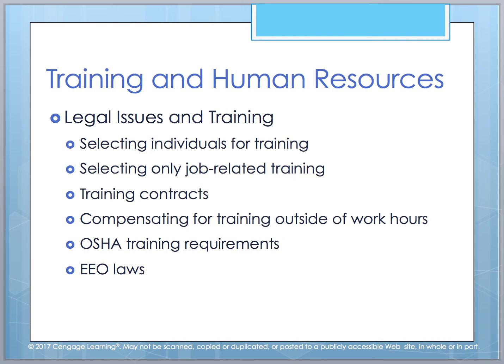So when we look at our training in human resources, there are some legal issues that are involved. Of course, you know about the EEO laws and OSHA training, but there's also contracts. There's some training that is only job related, and then there is the understanding that you have to select which individuals go into training, when they're in training, for how long, and what happens after that training.